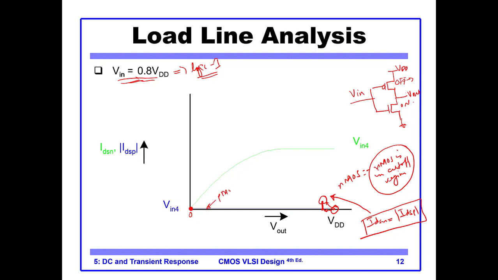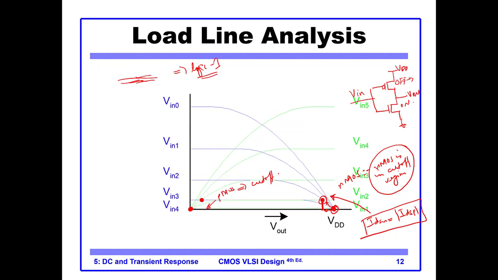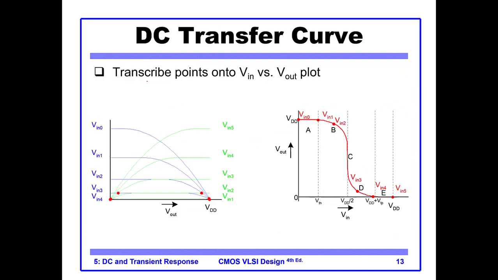The PMOS is going into cutoff region, and that's why you have the output voltage of 0 volts, or very close to 0 volts, and when the input is equal to VDD, you will have the output voltage equal to 0.